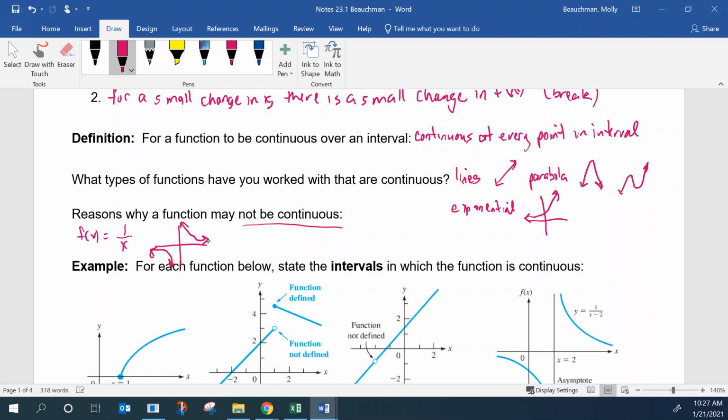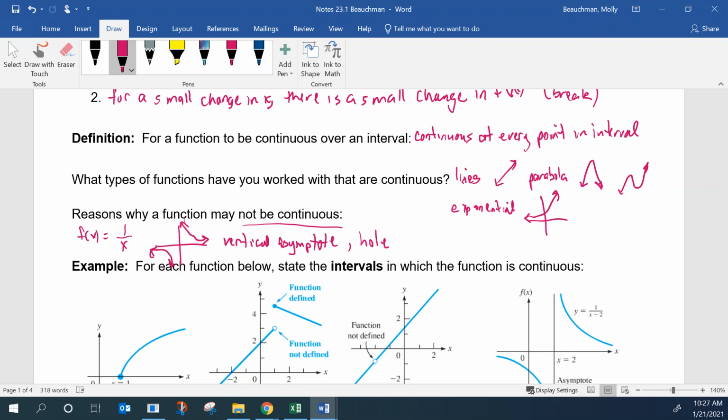Each branch itself is continuous, but it's discontinuous at x equals 0, where it's undefined. So when it looks this way, that's called a vertical asymptote. Or another reason why a function might not be continuous, it might have a hole in it or be undefined at a point.